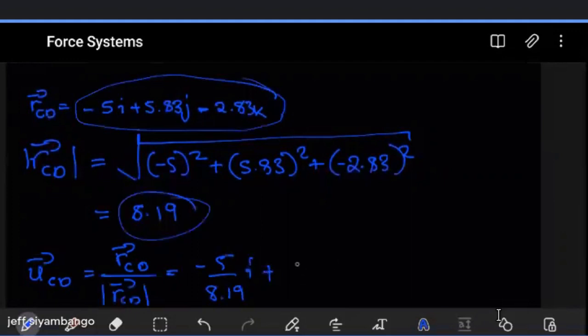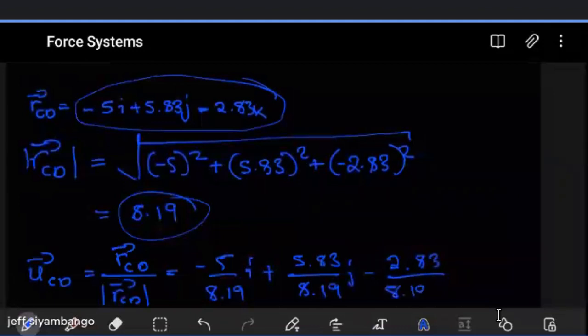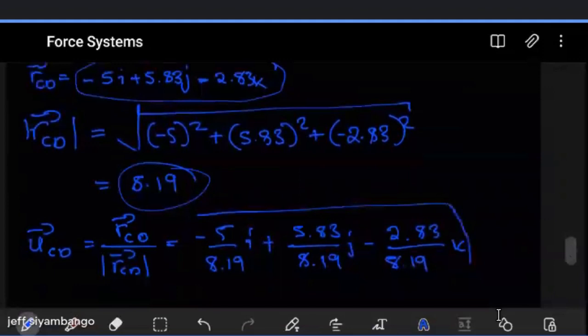So plus 5.83 divided by the magnitude again, 8.19. This is now in the j direction. Then minus 2.83 divided by 8.19 in the k direction. So this is our unit vector.